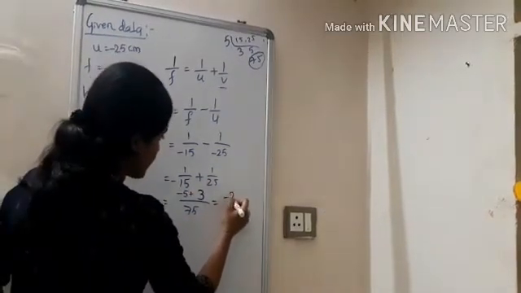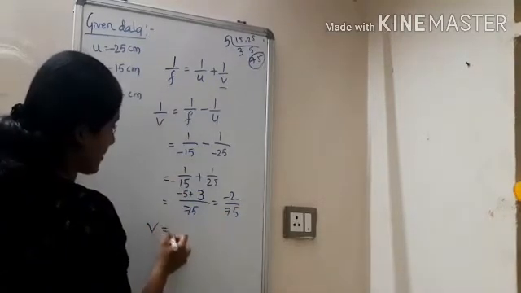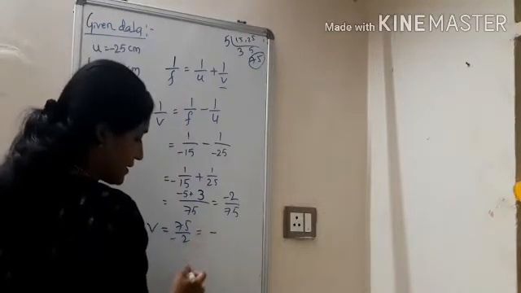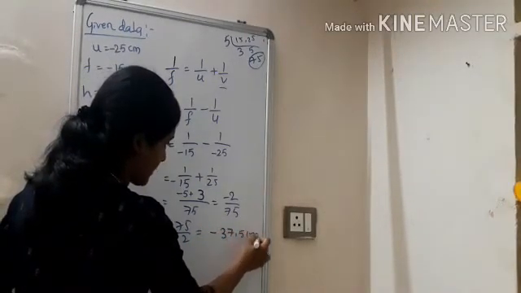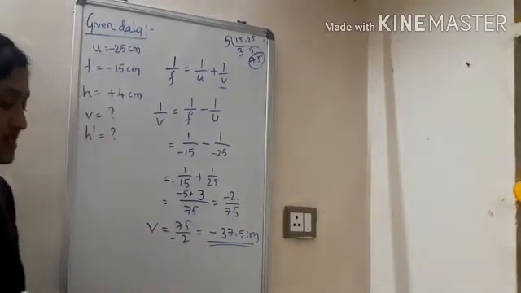Now minus 2 divided by 75. So v is 75 divided by minus 2, and you will get minus 37.5 centimeter. That means the image is forming in front of the mirror.